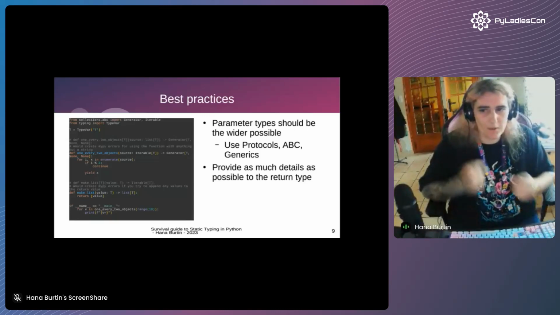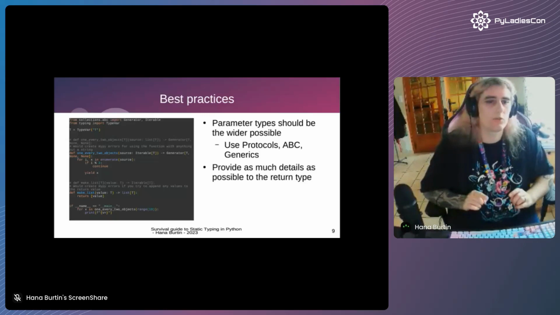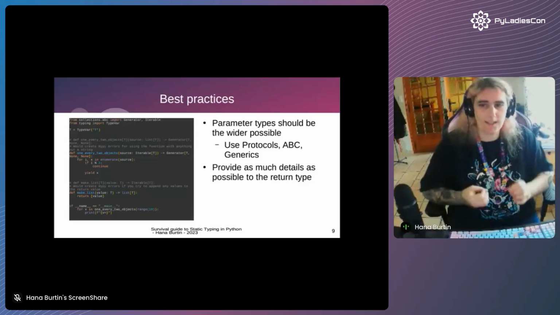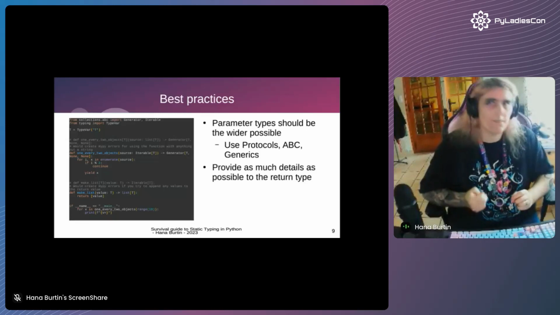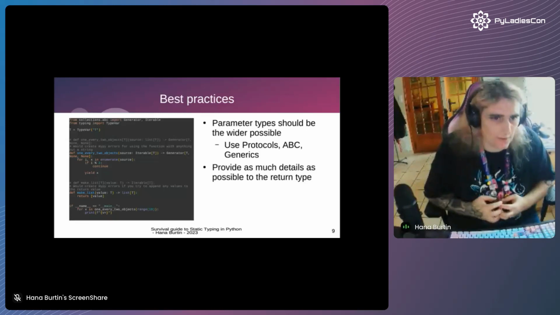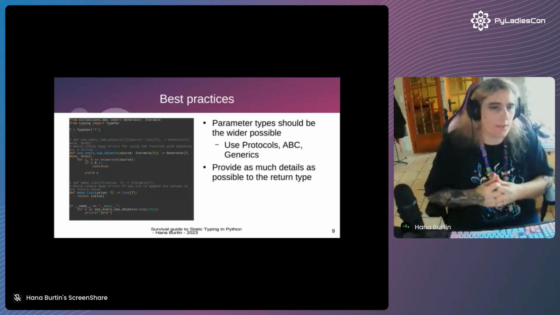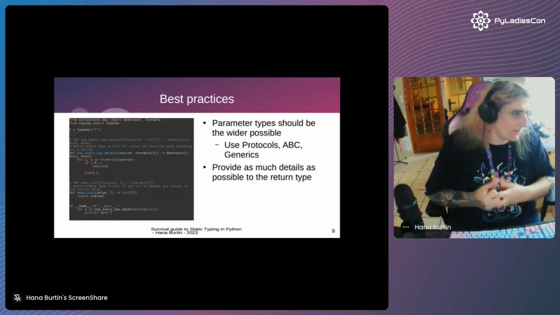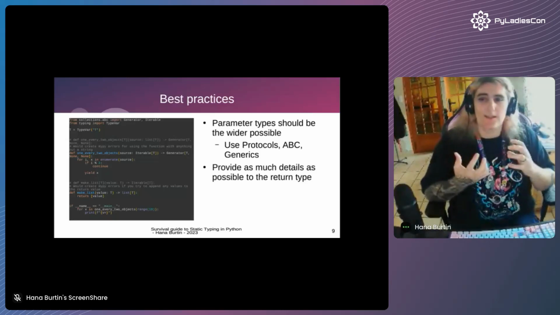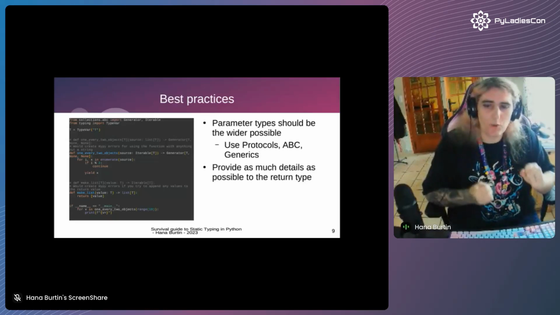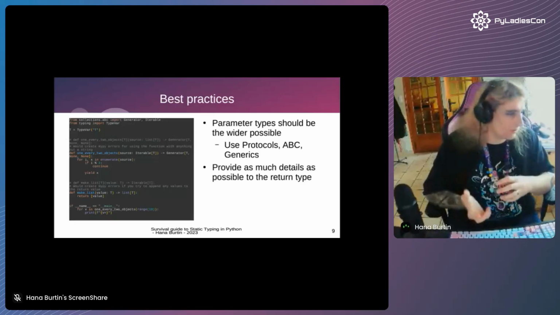And at the opposite, you want to provide as much detail as you can on the return type. And this also is super important, because the more details you provide as a return type, the easier it will be to work with other functions in your code.